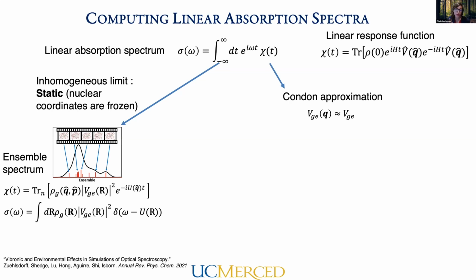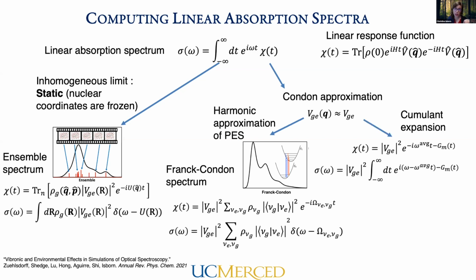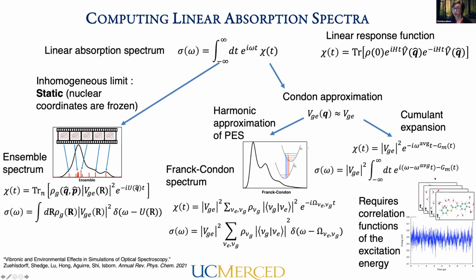Alternatively, you might be more familiar with making the Condon approximation and computing a spectrum with a Franck-Condon approach, where we're computing normal modes and you get these vibronic progressions. The approach that we're looking at uses a cumulant expansion of our linear response function. And that means that we're kind of building our linear response function from correlation functions directly.